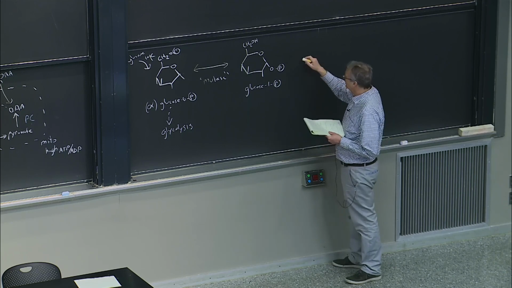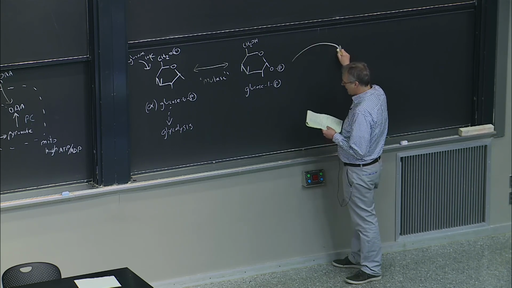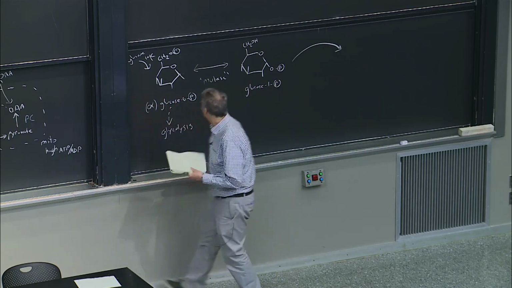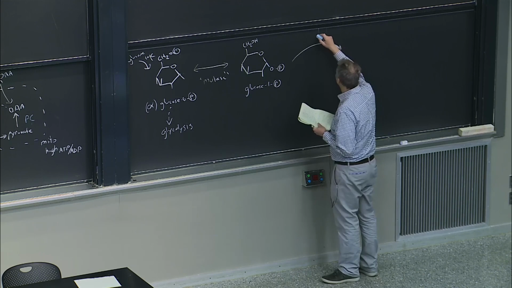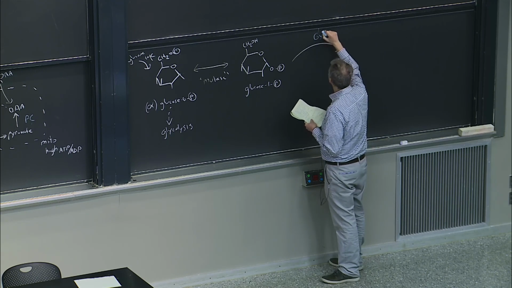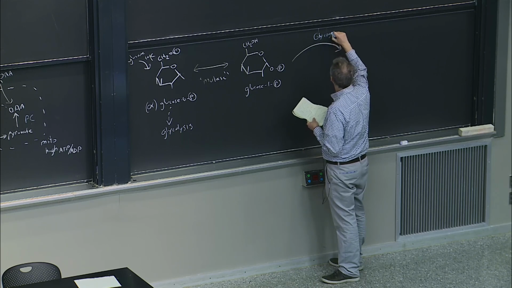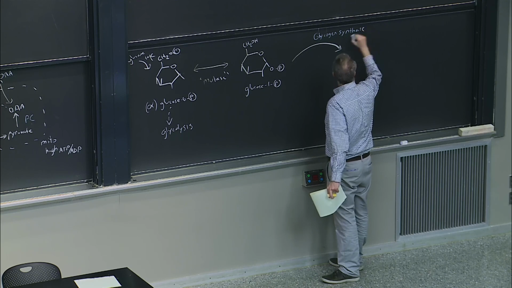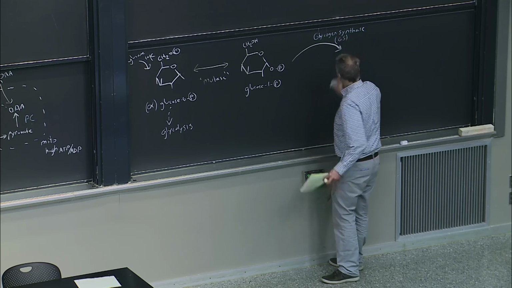And then once you have that glucose 1-phosphate, that can be added to a non-reducing end of a glycogen polymer using an enzyme called glycogen synthase, GS.